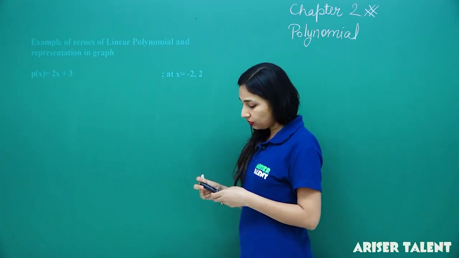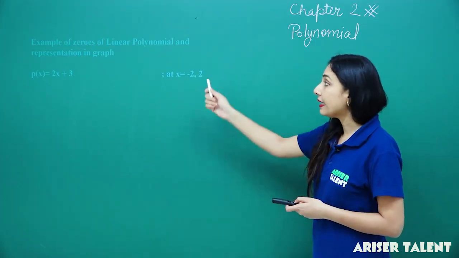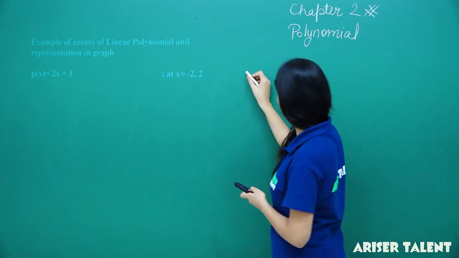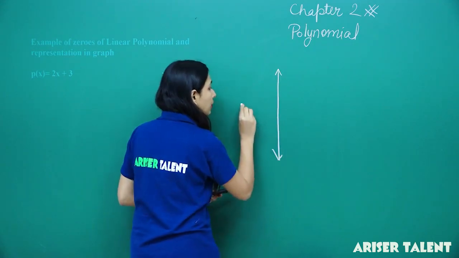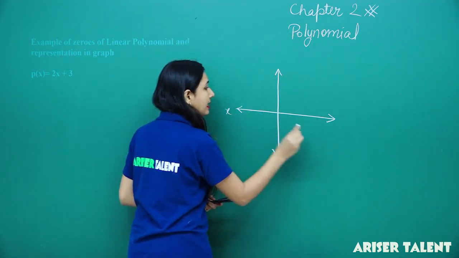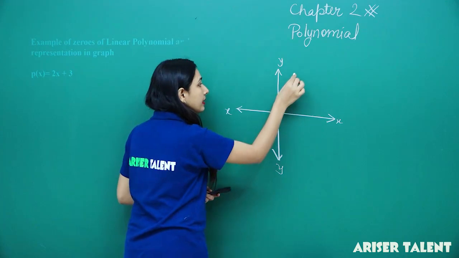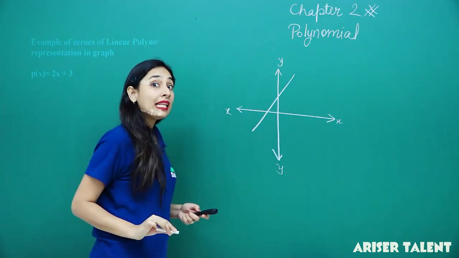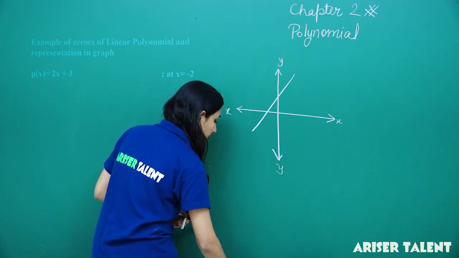We have taken a linear polynomial and its graph. This was our x-axis, this was our y-axis, and the graph was something like this. That was linear.